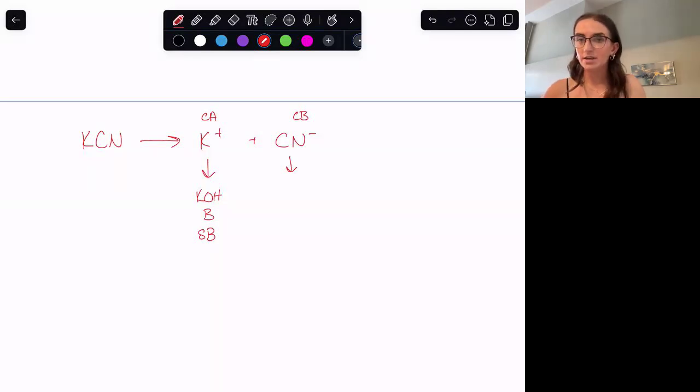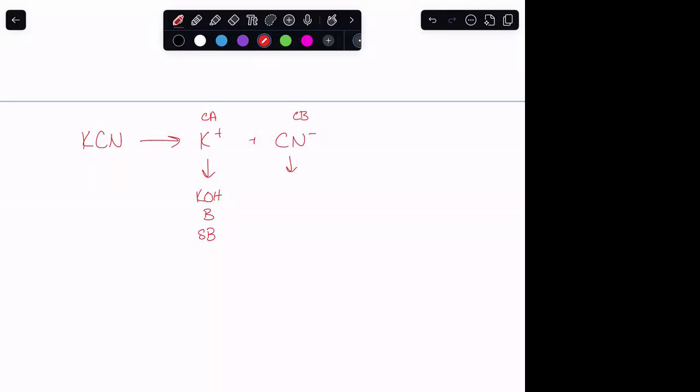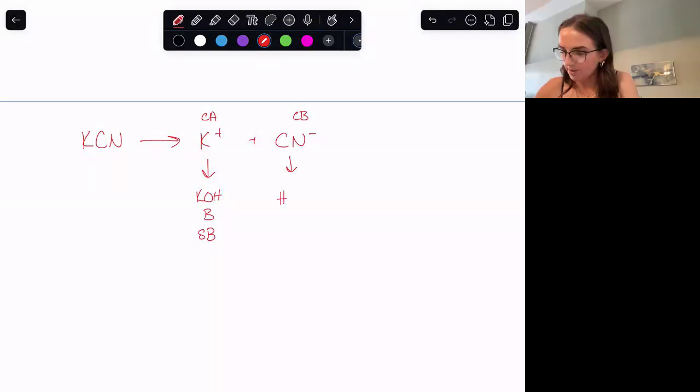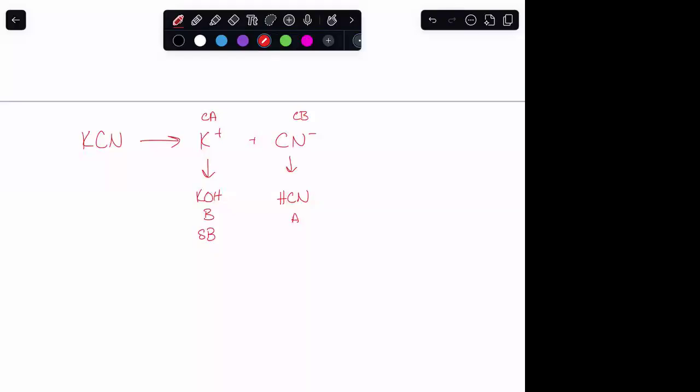So what is the acid that CN minus came from? Is it just HCN? Yep, so this is just HCN. This is now our acid, and is this a strong acid or a weak acid? Weak. It's a weak acid.